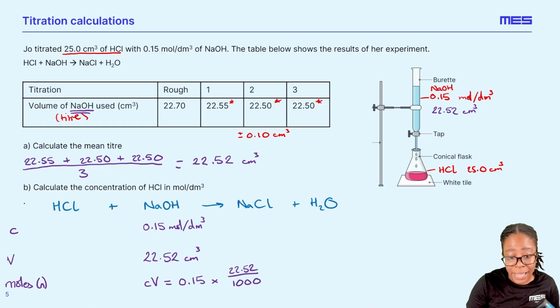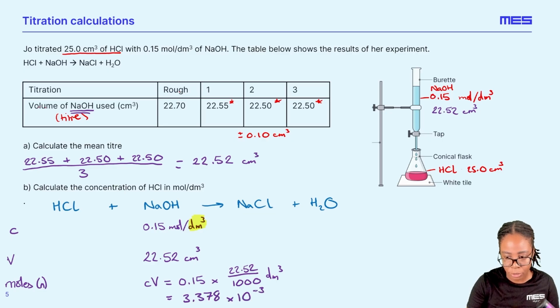And that's because our volume has to be in decimeters cubed to match our concentration units. Currently we're in centimeters cubed, so centimeters cubed to decimeters cubed, divide by 1,000. And that gives us as our moles 3.378 times 10 to the minus 3.